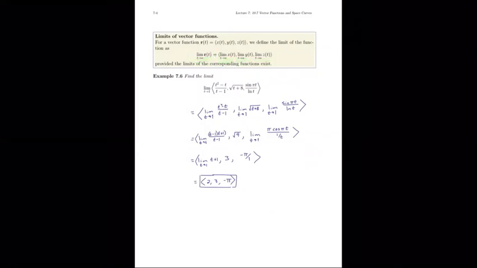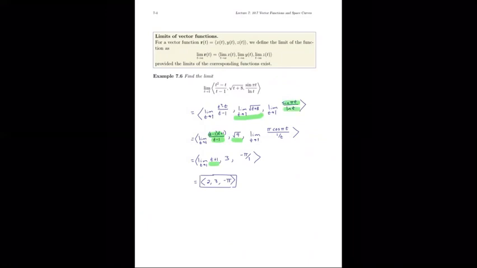So below, this example should seem somewhat familiar. We have a limit of this vector function as t approaches 1. So we take the limit of each of its components. A little bit of work needs to be done for some of these. The first one needs to be factored to cancel out a common factor. We find that the limit as t goes to 1 of t plus 1 will be that component. This one's straightforward. The function's continuous at t equals 1, so we're able to plug in t equals 1 directly.